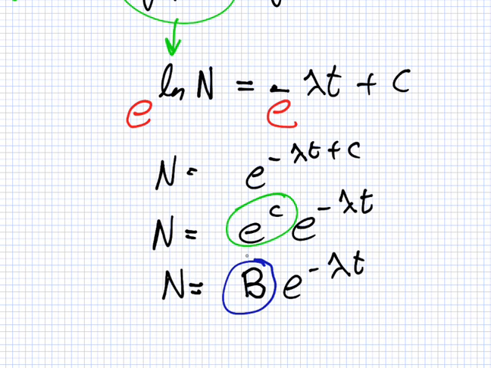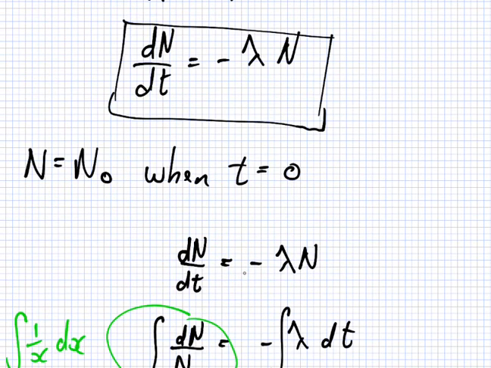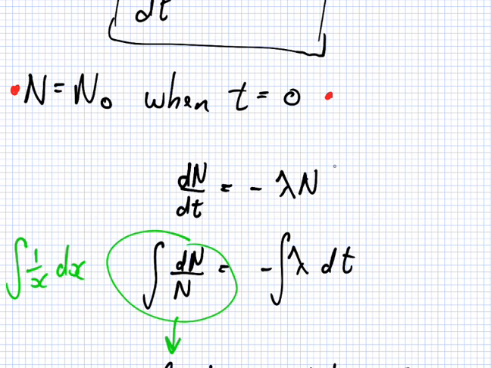What do I need to do to find the constant? That's what we did in the math assignment. For this one, we use this information here. Yeah, this is like our data.